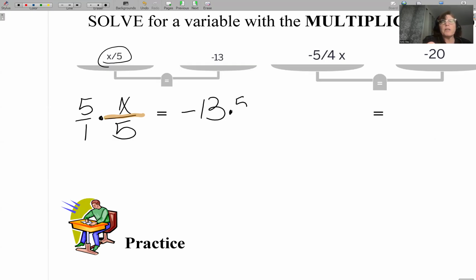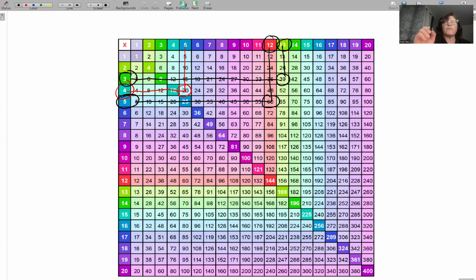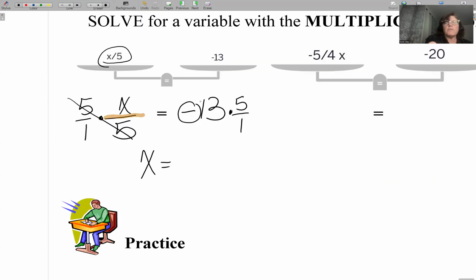Whatever you do to one side, you do to the other. This cancels. And we have 5 times 13, so there's 13. There's 5. 5 and 13 is right there. And negative times a positive is a negative 65.